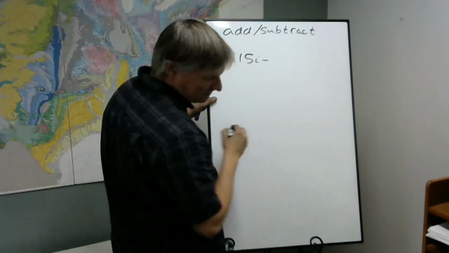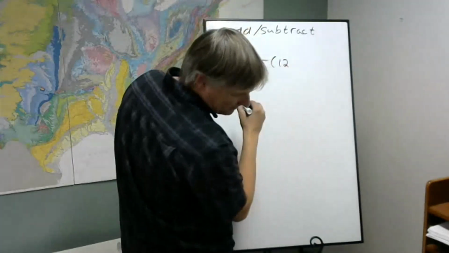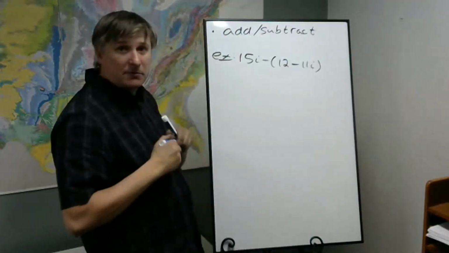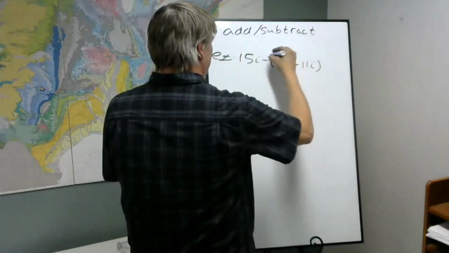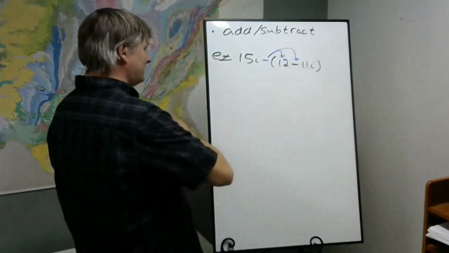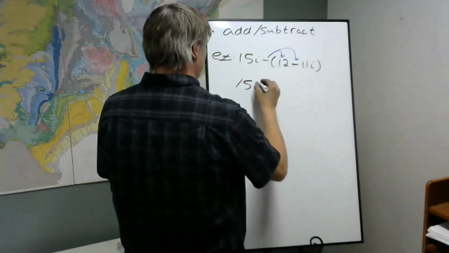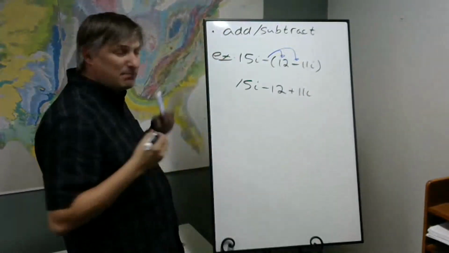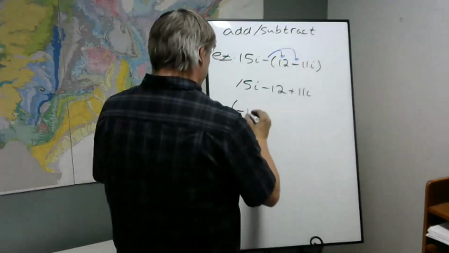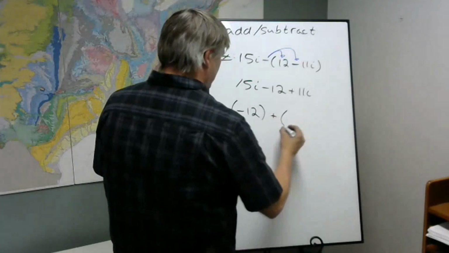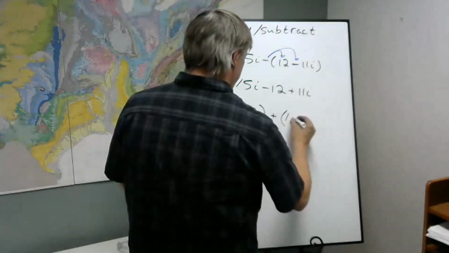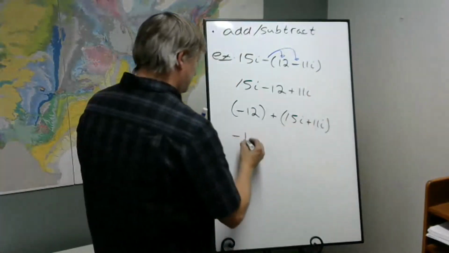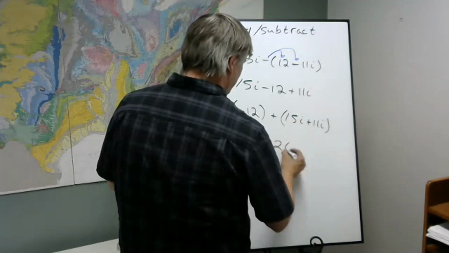Well, once again, we'll distribute the minus and combine like terms. Now the real part's just this negative 12. And for the imaginary part, we'll have 15i plus 11i, or negative 12 plus 26i.